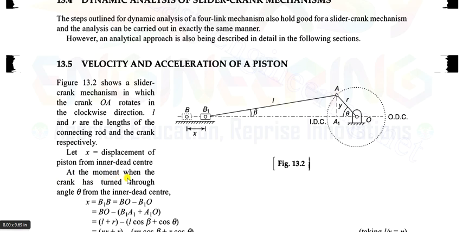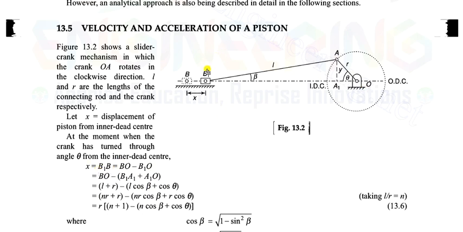Okay, at the moment when the crank has turned through angle theta from the inner dead center, the x is equal to BB1. Okay, so this BB1 I can write, this center is O, as BO minus B1O.